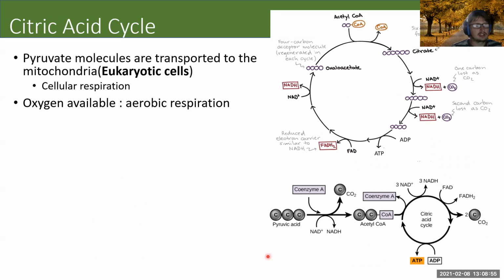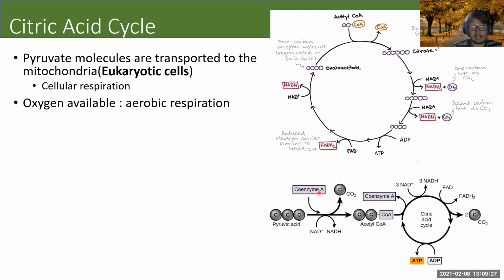With the prep step, the pyruvate molecule is transported to the mitochondria. So remember, glycolysis occurs in the cytoplasm. The prep step takes pyruvate and turns it into acetyl-CoA.